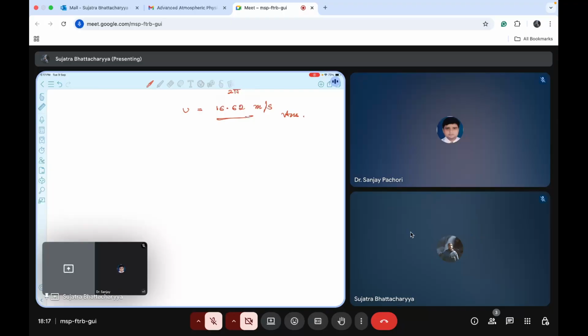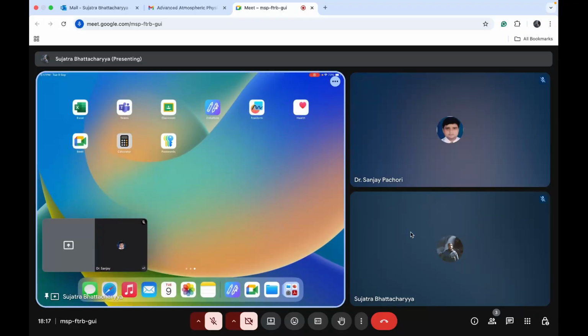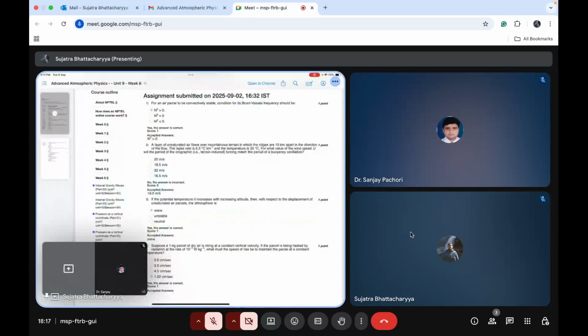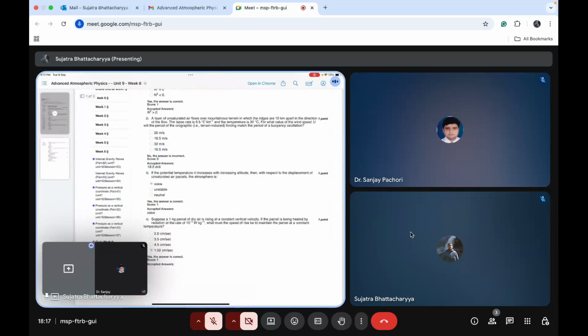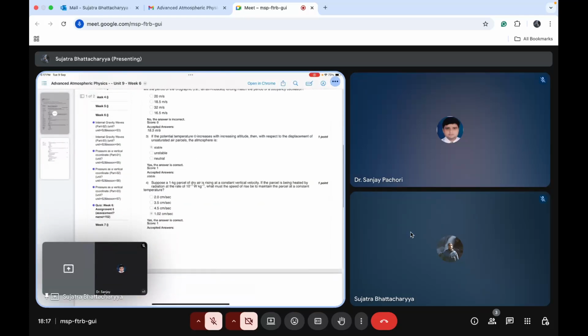Okay. So next, let's go to the third question. So it is nearly 16.5 meters per second. Third is, if the potential temperature theta increases with the increasing altitude, then with respect to the displacement of unsaturated air particles, what is the atmosphere? It is very simple. d theta dz is greater than 0.